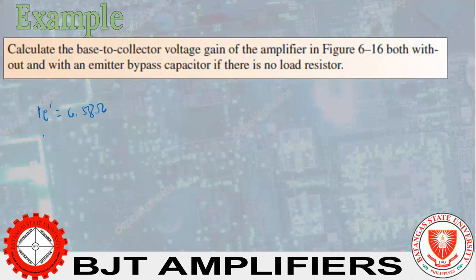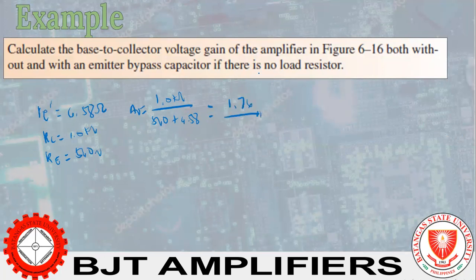So, RC of 1.0 kilo ohms, RE of 560. So yung AB natin is RC over 560 plus 6.58. So makakakuha tayo na approximately equal to 1.76 na voltage gain. Okay.